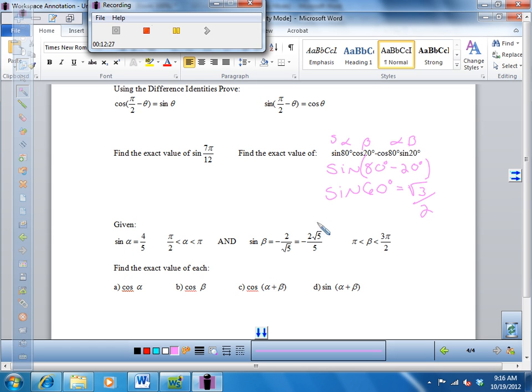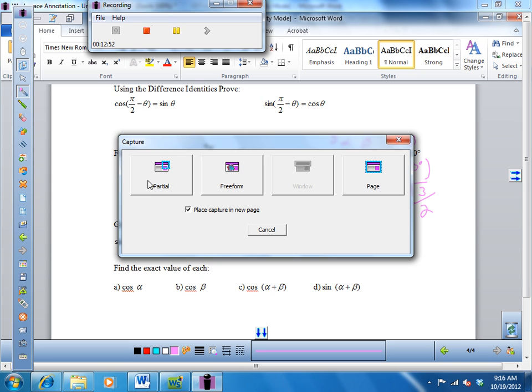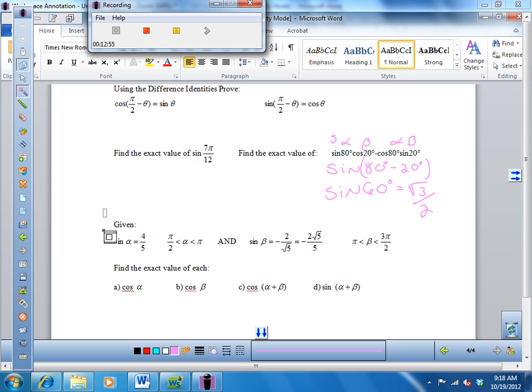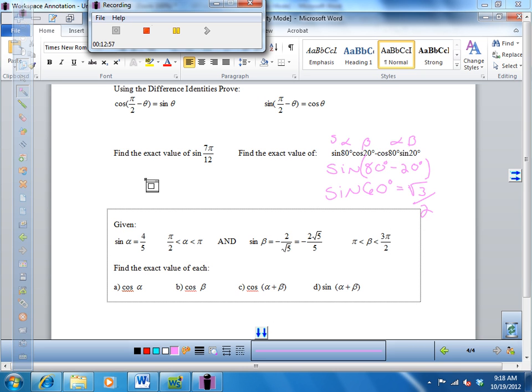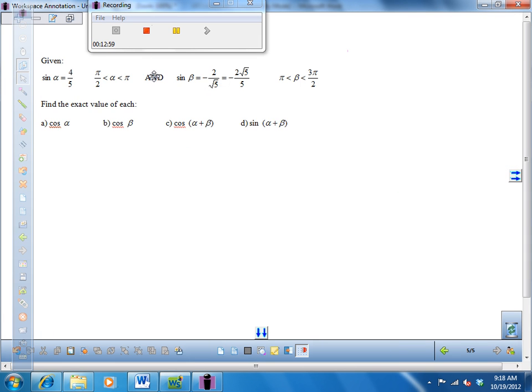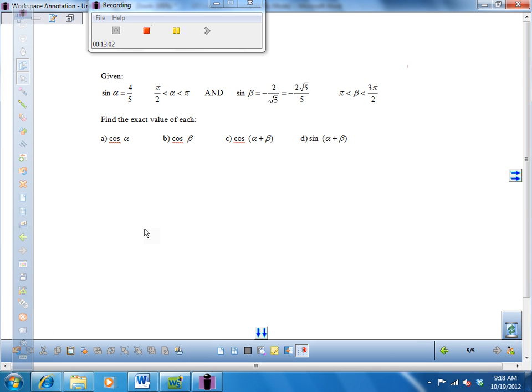This is where they get a little more confusing. Not too bad though. I like these ones. I'm not going to do every single one of these because these are a little more time consuming.